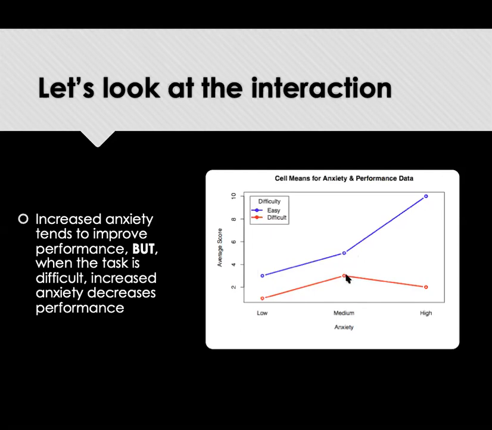But when you add increased anxiety to a high level, in an easy task, the score keeps going up quite a bit, right? Even more than this initial amount. But for a difficult task, an increase of anxiety now lowers the score.